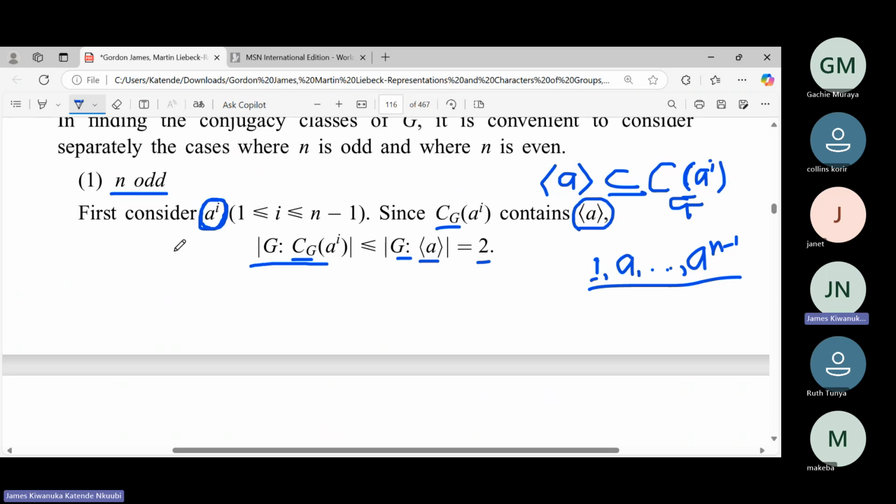But this value is also the number of elements in the conjugacy class of a^i. We established this to be true. You can look at this part in brackets. This relation is true. Keep that in mind.